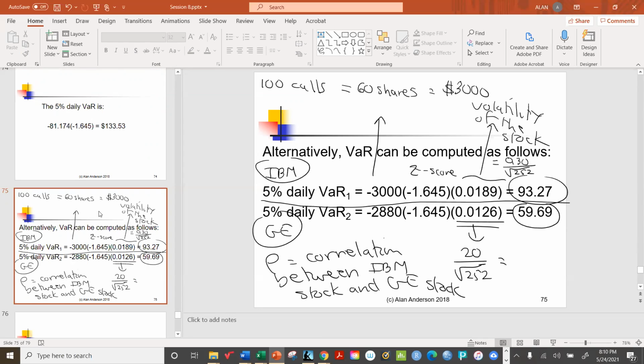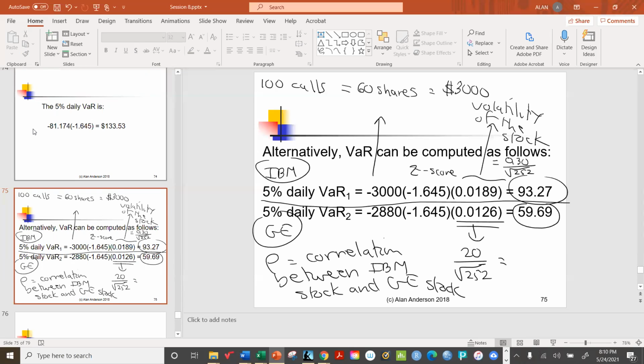These stocks trade every day. There's a lot of data available for their prices. Not so with options. Options don't trade very often at all. And so getting a correlation measure between IBM and GE options would be extremely difficult, whereas getting the correlation between IBM and GE stock is infinitely simpler just because we have so much data.